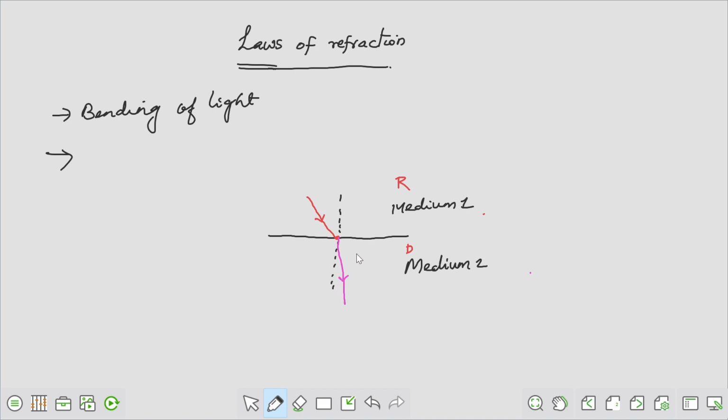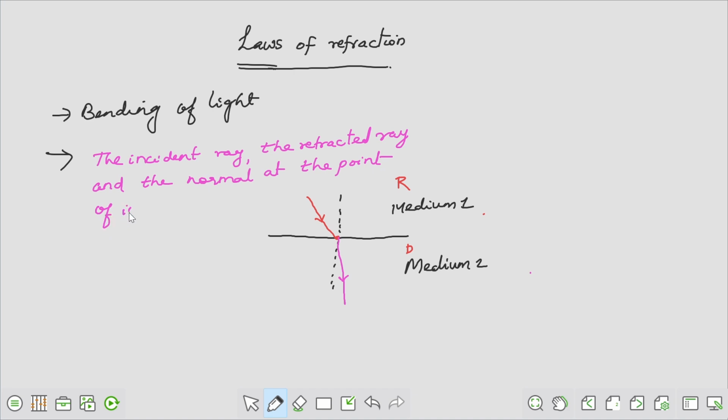Our first law states that the incident ray, the refracted ray and the normal at the point of incidence all lie on the same plane.